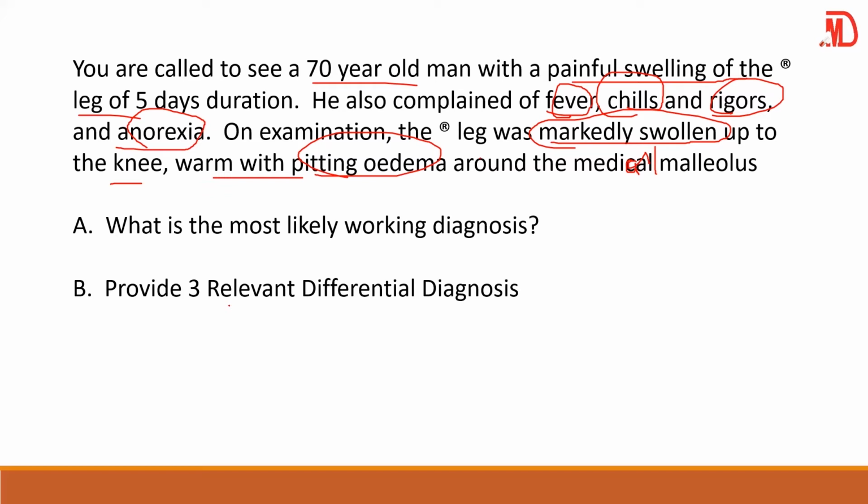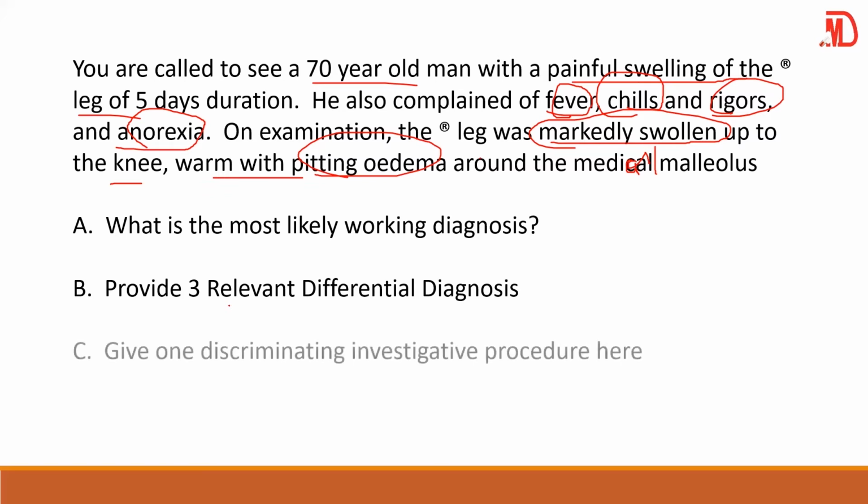Some of these things you need to know. But over here, it is cellulitis, and the differentials are DVT, pyomyositis, osteomyelitis.